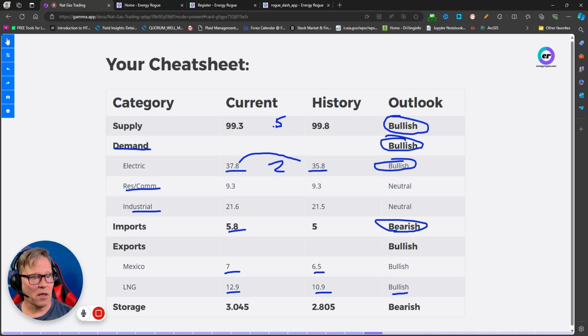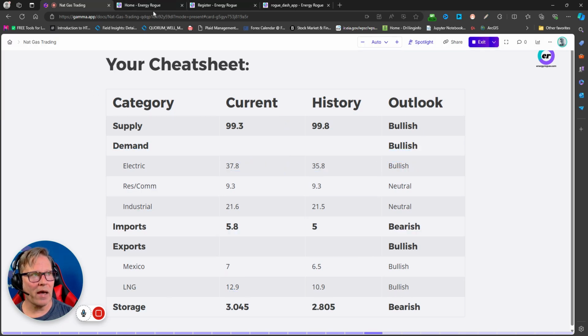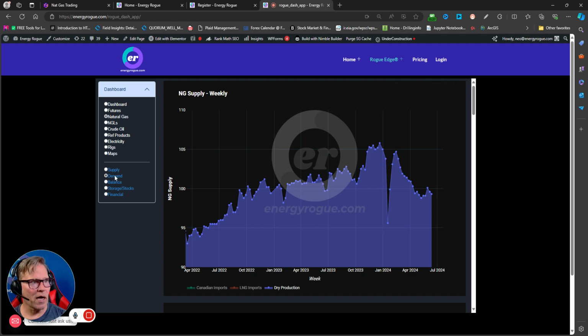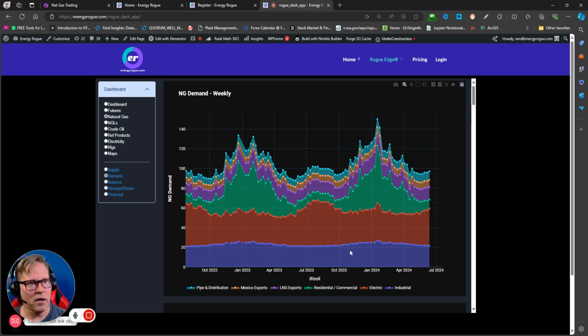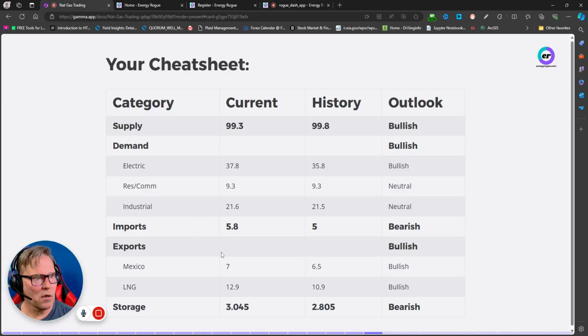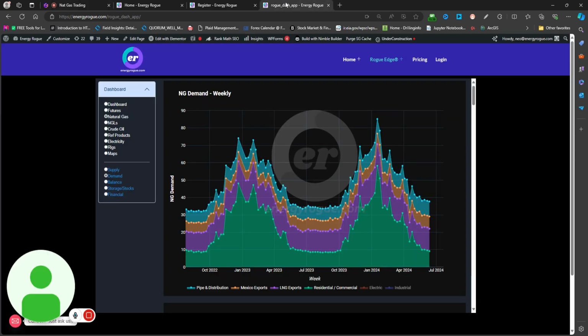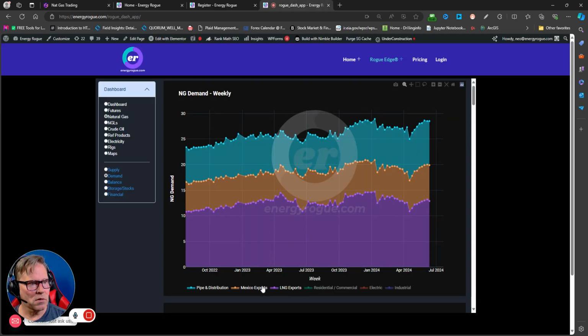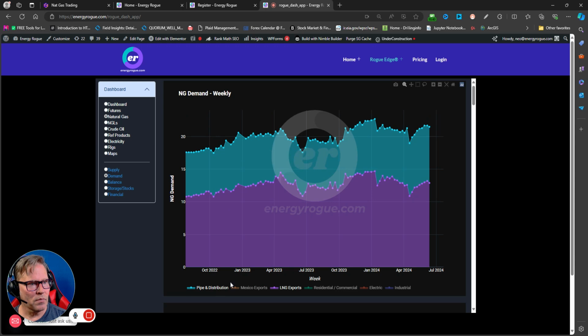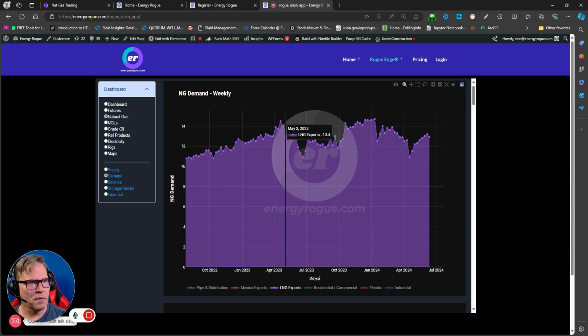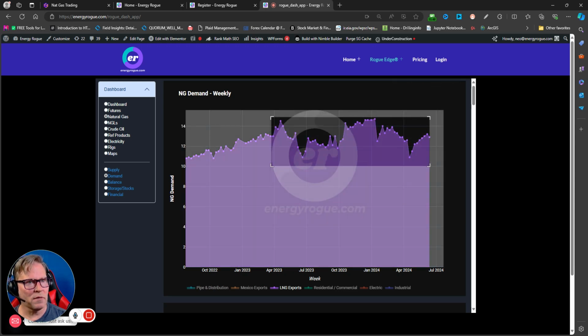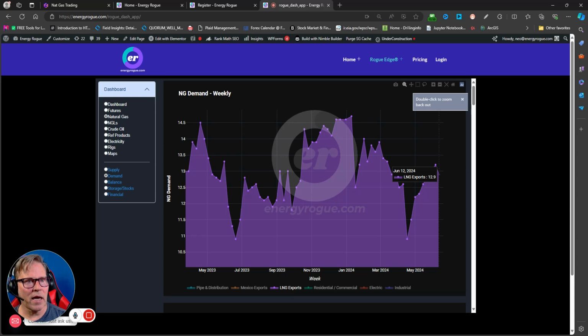But let me show you something. The reason why time frame matters is because when we look at the demand side, let's look at LNG for a second. So what we covered on LNG was 12.9 to 10.9 versus last year. And let's click off these and click that off. All right, so relative to last year, we are currently at 12.9. Last year, we were at 10.9.